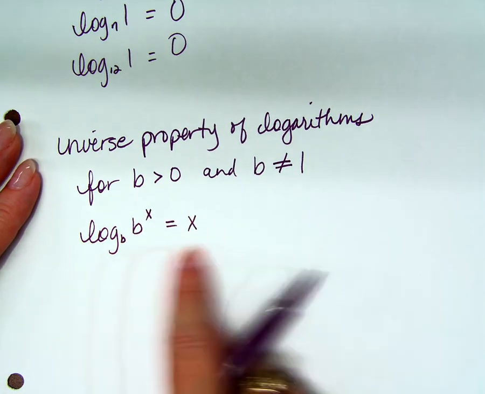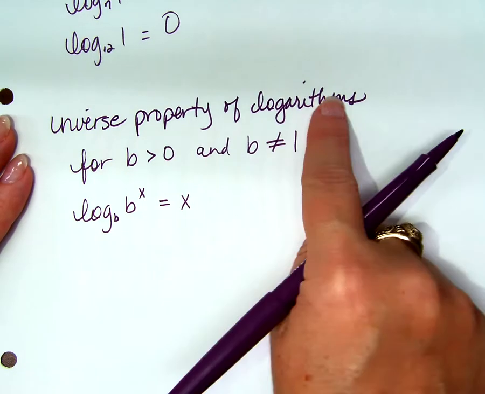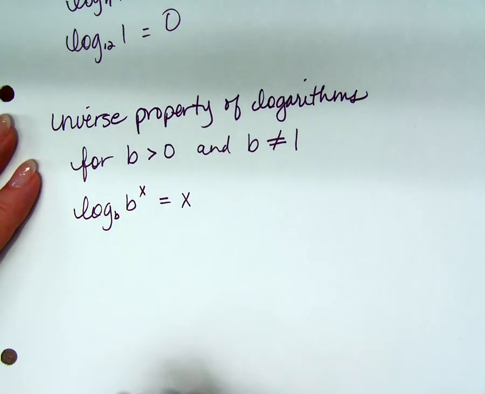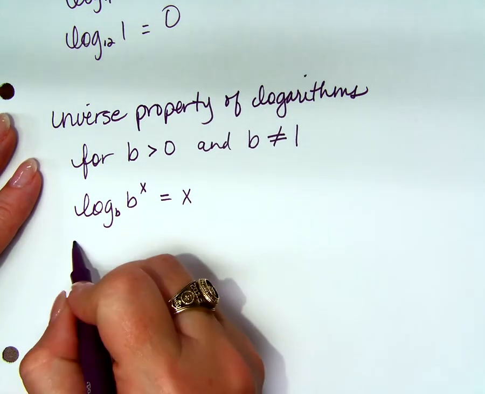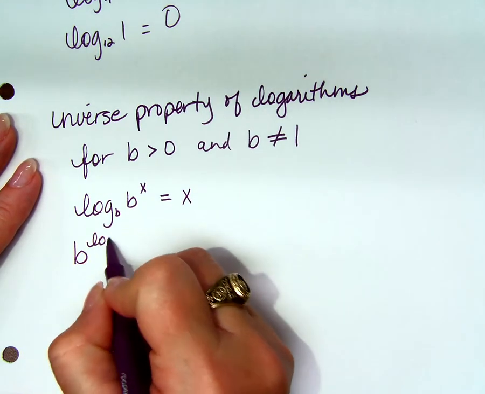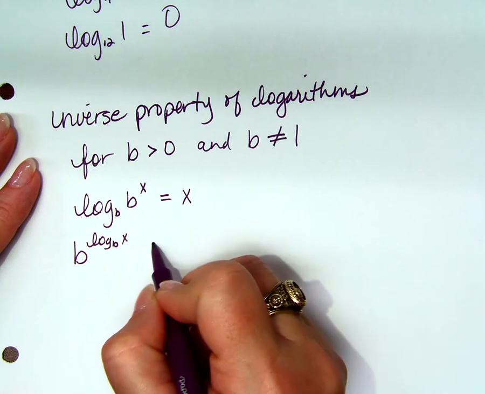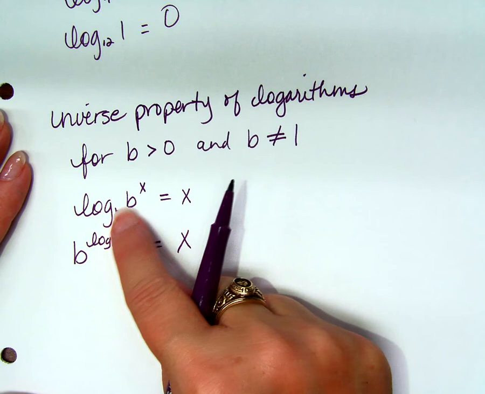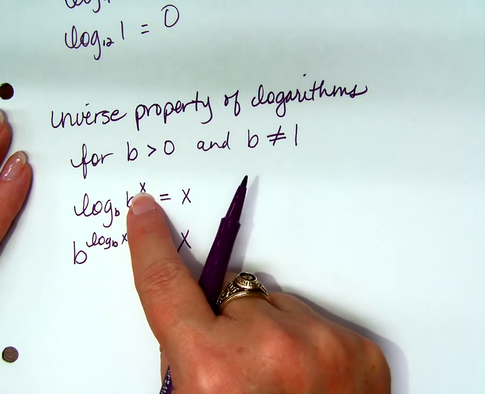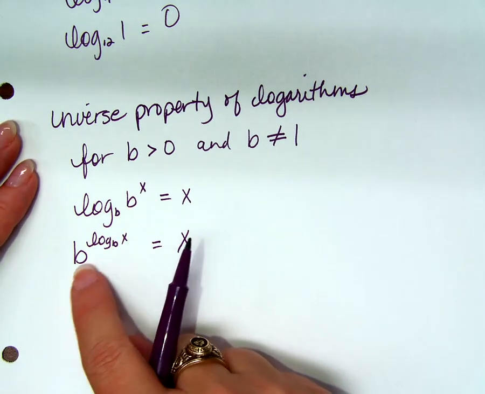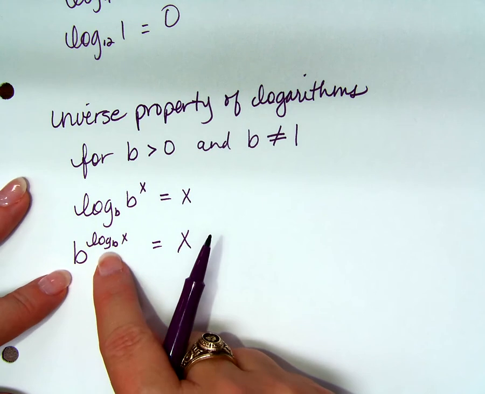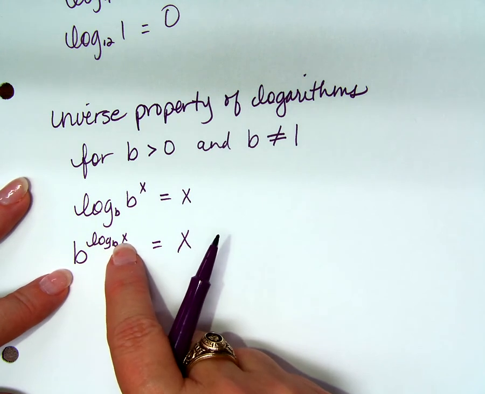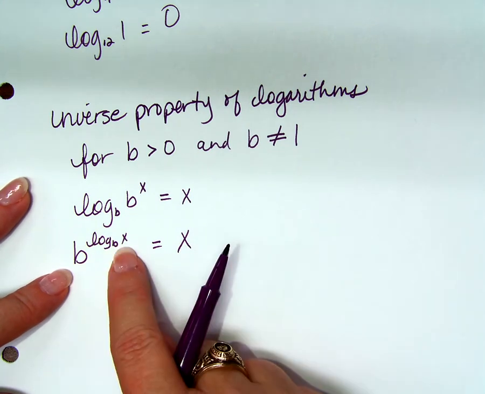Well, that's one I've already been telling you, but I'm just making sure you understand the actual written mathematical property. Also, b to the log base b of x is going to equal x. So what I said earlier was when the bases are the same, the answer is going to be the exponent. That also works here. When this base and this base are the same, the answer is what's left right there.